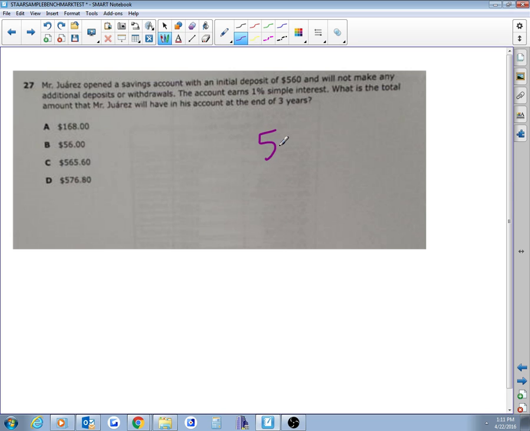So let's find 1% of 560. 1%, is there really a decimal there? We move it twice, filling in with a 0. So 1% is 0.01, and of means multiply times 560.